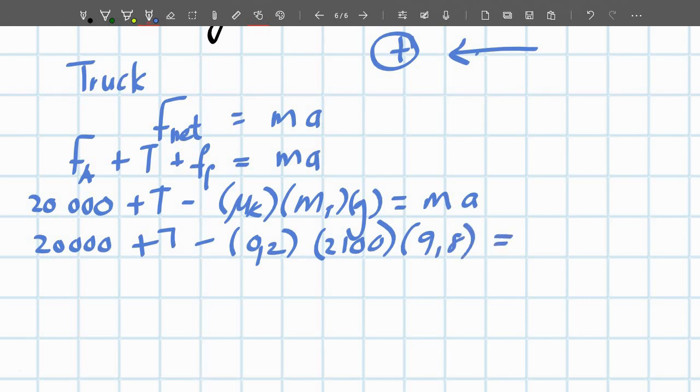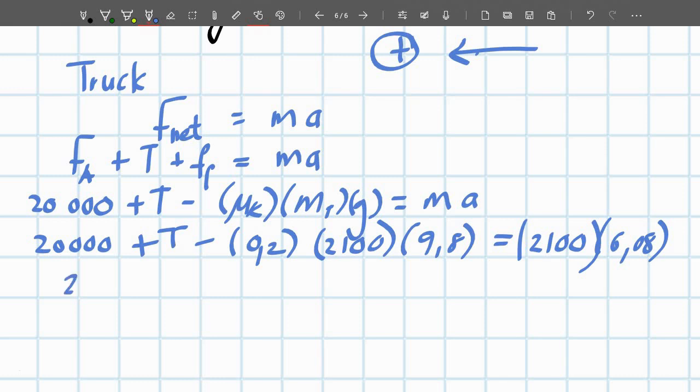Again, we can take the mass of the truck here as 2,100 times acceleration, which was 6.08, if I remember correctly. Right. So we can just plug everything into our calculator. Let's just plug it in to make it a bit easier to write. 0.2 times 2,100 times 9.8.